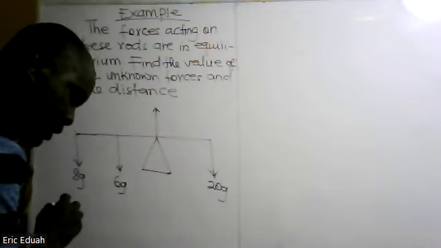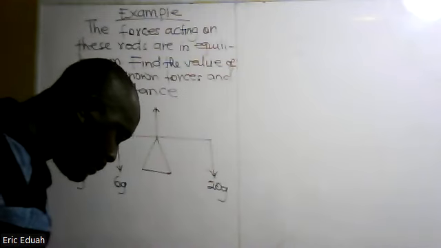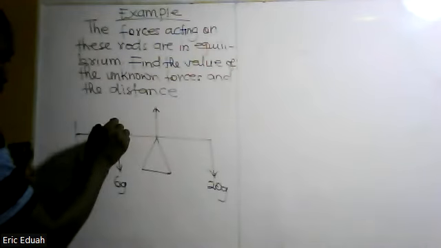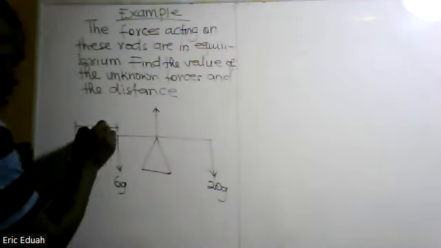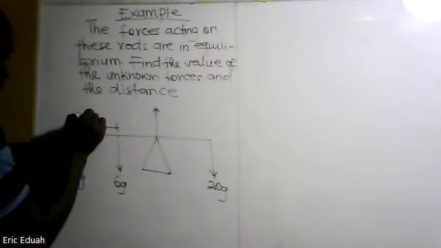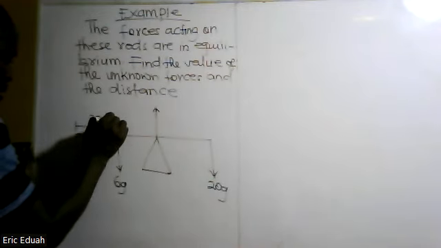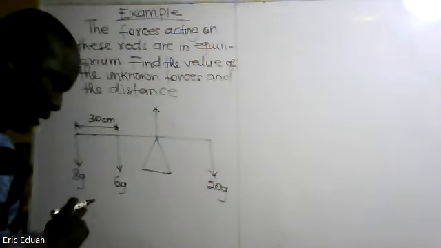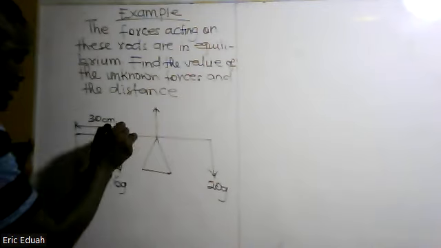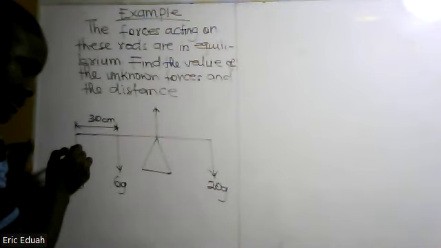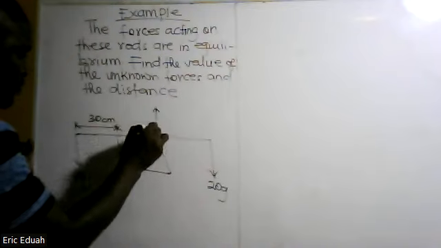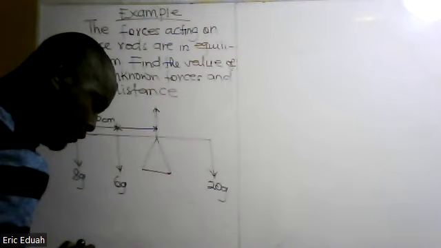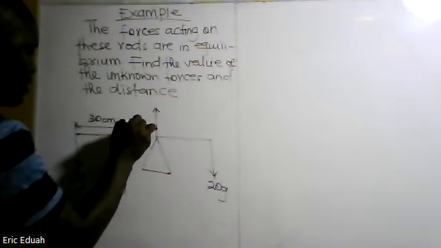Then the 8 gram is at a distance of 30 centimeters from the 6. Then the 6 gram mass is at a distance of 50 centimeters from the pivot.